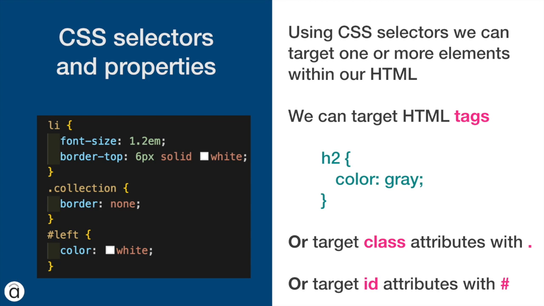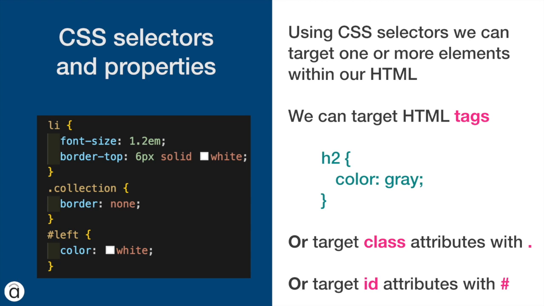Anyway, moving on from hashtags, let's have a look on the left-hand side of this screen. You've got li, and you'll remember from HTML, that's a list item. So in this instance, I'm adding a font size of 1.2 EMs, and we'll cover that in the next video or so. And we can see we're giving it a border top, 6 pixels, solid and white.